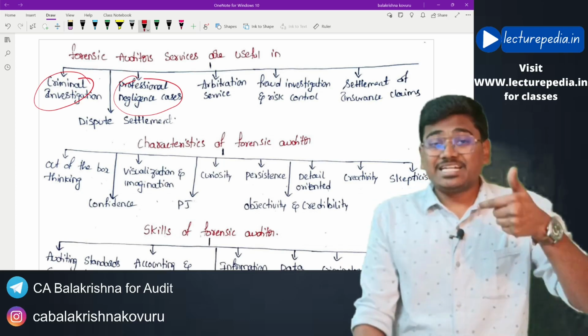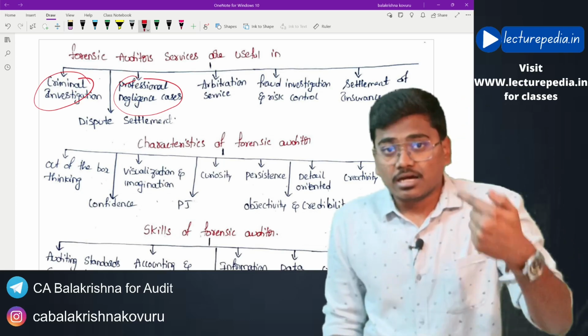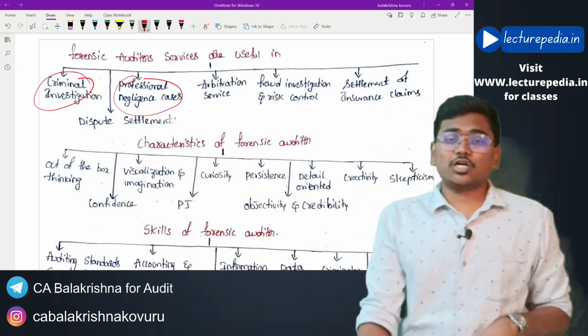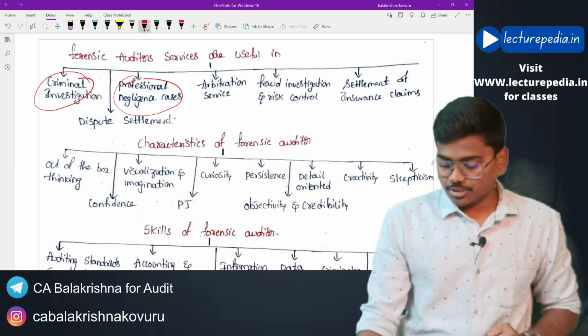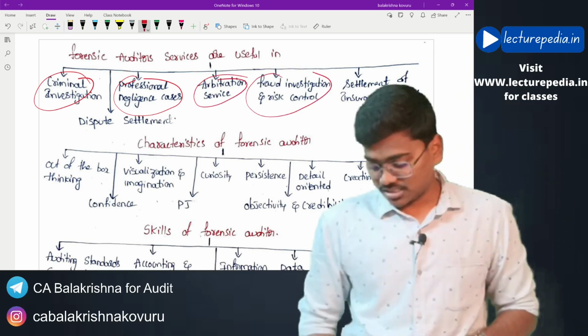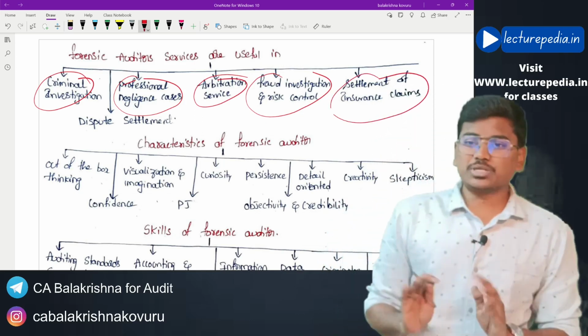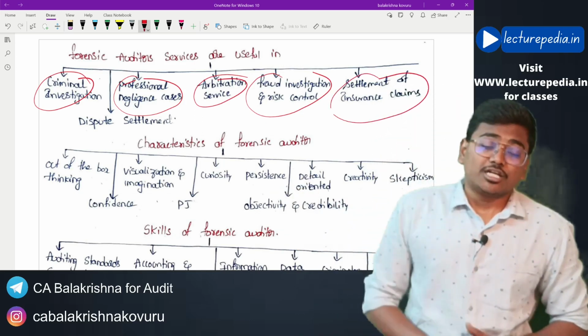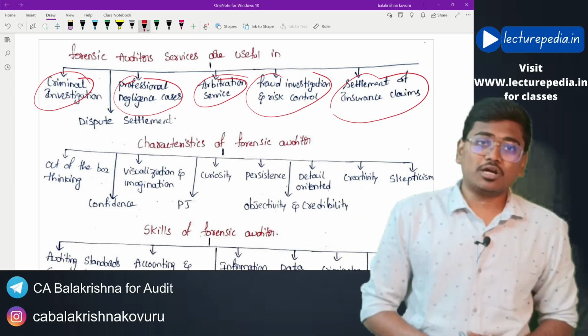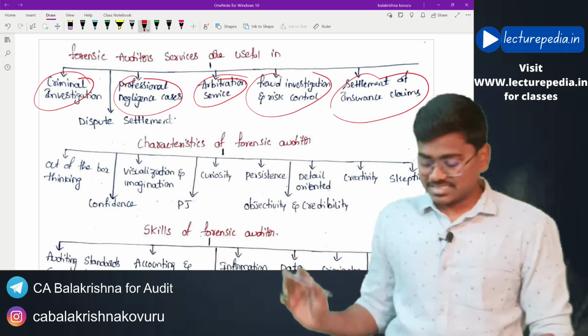So to identify whether he has actually committed that professional negligence or not, these forensic auditors will be useful. And arbitration service, fraud investigation and risk control, settlement of insurance claims, and finally dispute settlement. The services of forensic auditors will be useful in these areas.